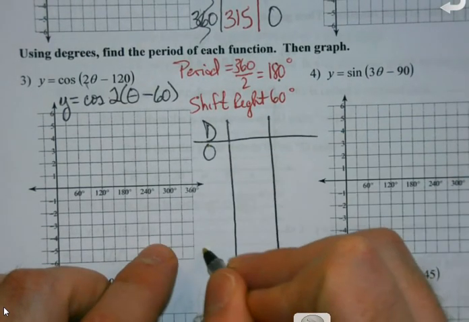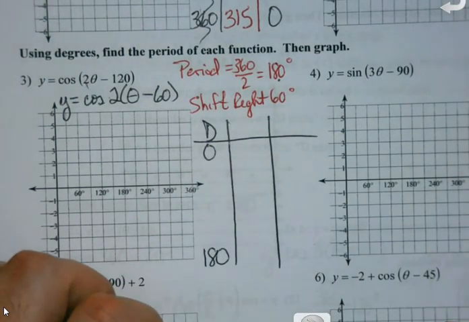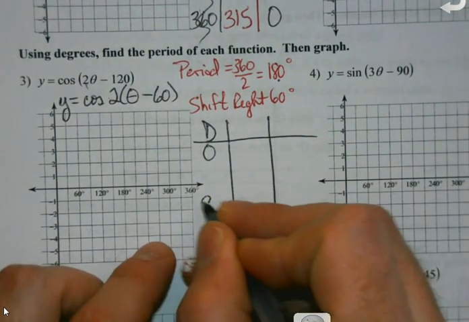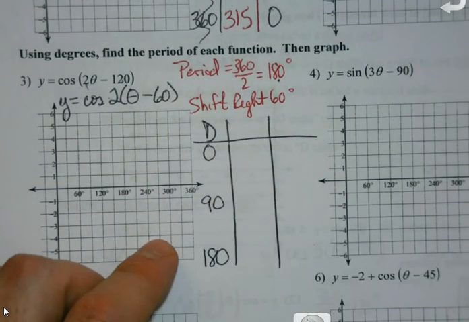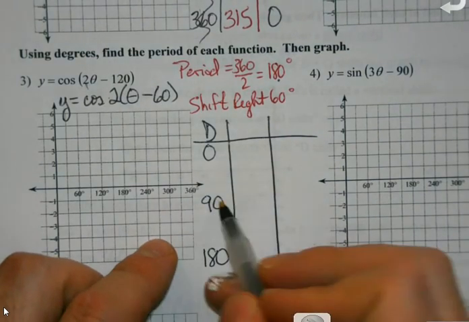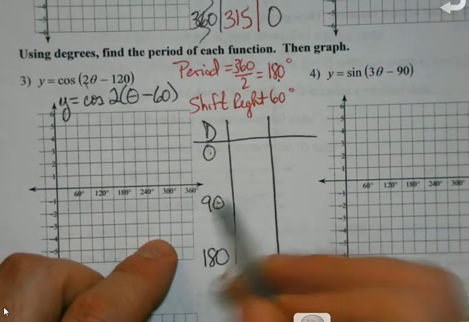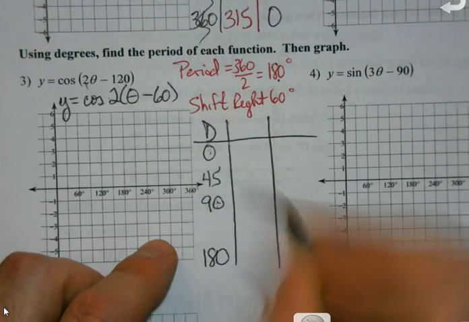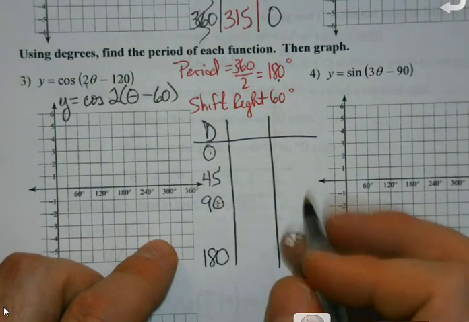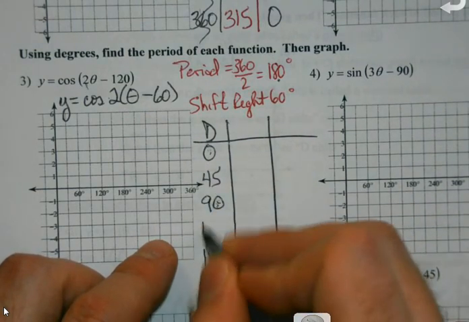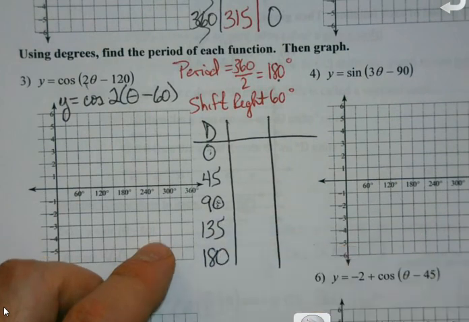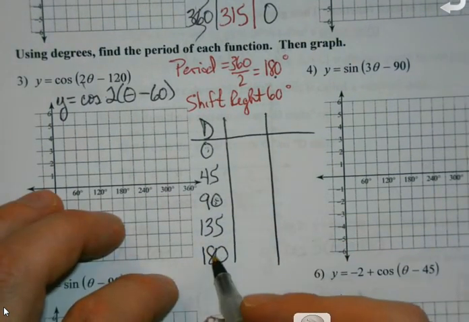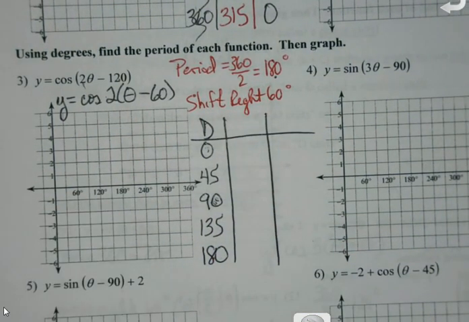If my period's 180, without the shifts, I think, okay, I need quarter points. 90's in the middle. What's in the middle of 0 and 90? 45. And in the middle of 90 and 180? 135. And again, if you're not sure, just find the average. Just do 180 plus 90 divided by 2. Okay? So that's my typical degree.